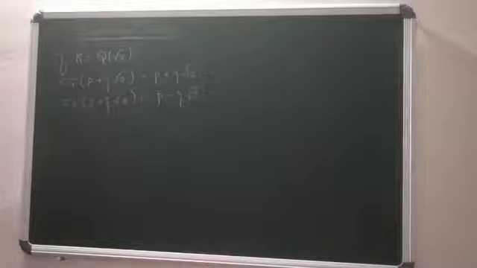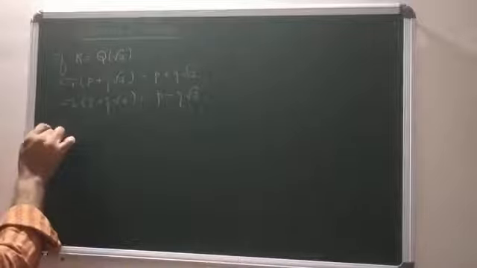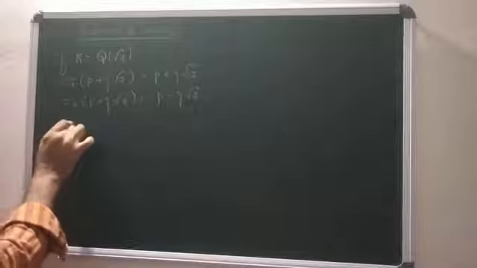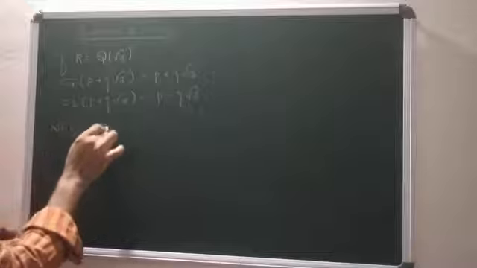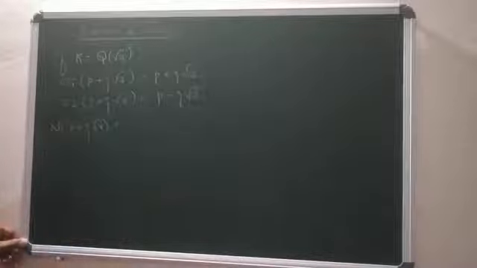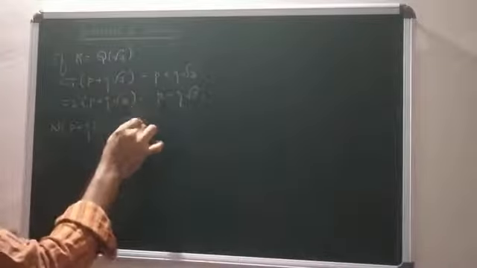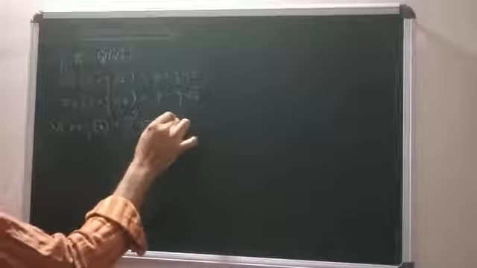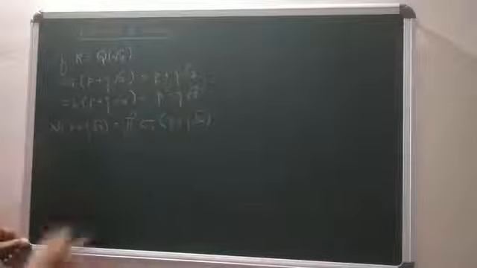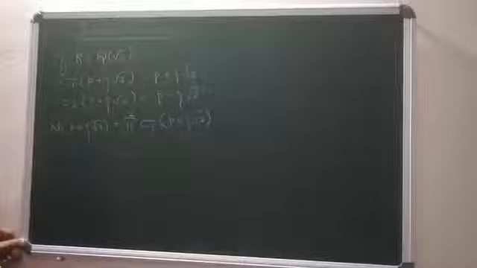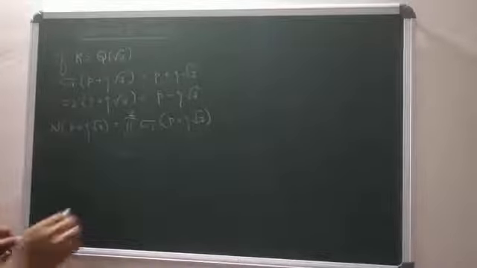Sigma 1 of P plus Q root 7 is P plus Q root 7, and sigma 2 of P plus Q root 7 is P minus Q root 7. So what about the norm of this P plus Q root 7? The norm of P plus Q root 7 is nothing but the product, i ranges from 1 to n, of sigma i of P plus Q root 7. Here i ranges from 1 to 2, because sigma 1 and sigma 2 are defined.